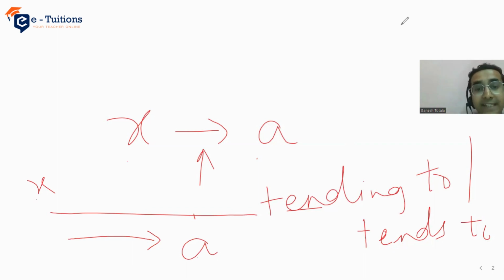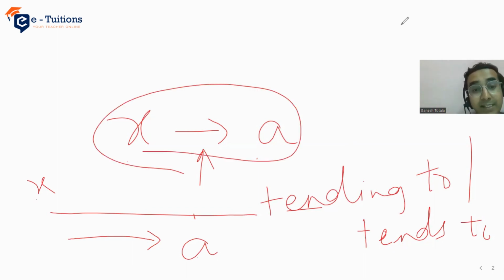So when we talk about x tending to a, this means that x is approaching a, but it's not completely a. This is a very important difference between x equal to a and x tending to a. Now, when we talk about x tending to a, we are not sure in which direction x is tending towards a.